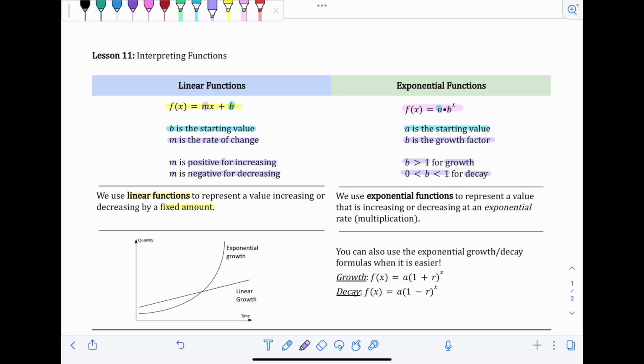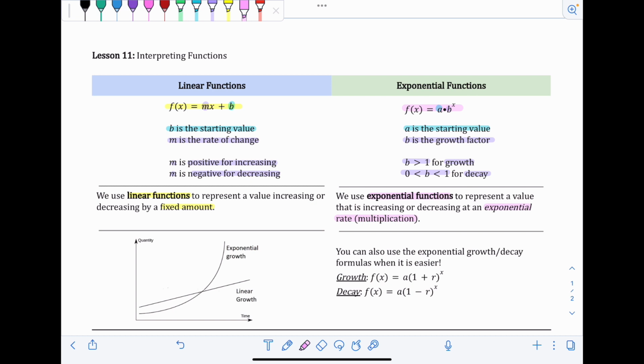And then we use exponential functions to represent when a value is increasing or decreasing by an exponential rate. It can be increasing or decreasing really quickly a lot of the time. When you're looking at the actual values, you are multiplying by a consistent number each time to get to the next value in your function.